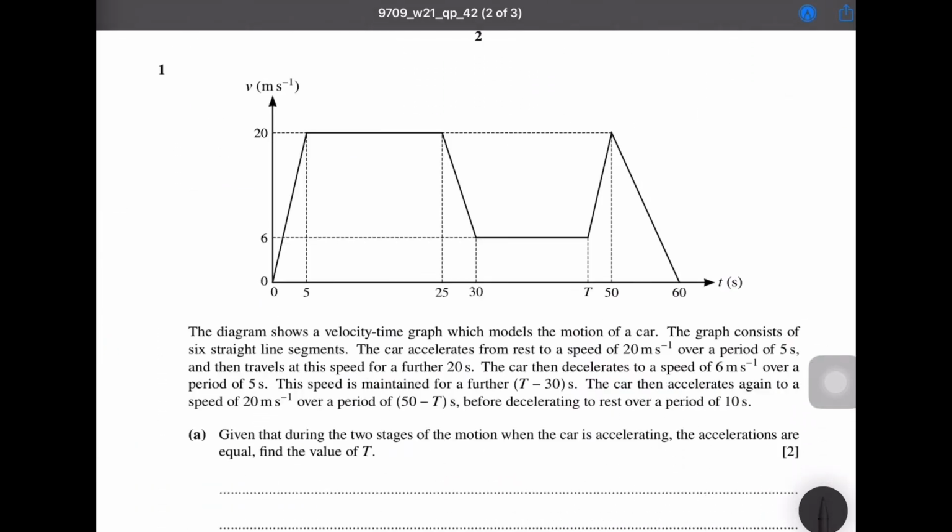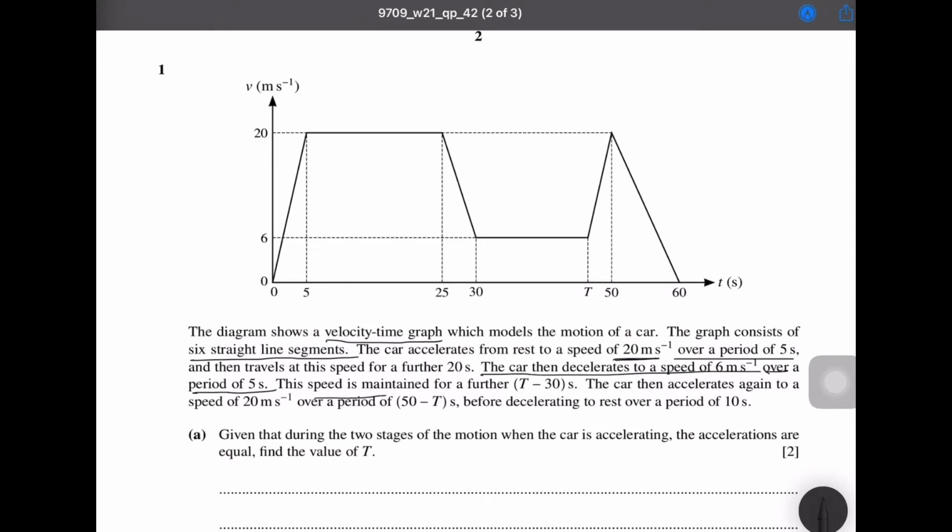See, the diagram shows a velocity time graph which models the motion of a car. The graph consists of 6 straight line segments. The car accelerates from rest to a speed of 20 meters per second over a period of 5 seconds, then travels at this speed for a further 20 seconds. The car then decelerates to a speed of 6 meters per second over a period of 5 seconds.